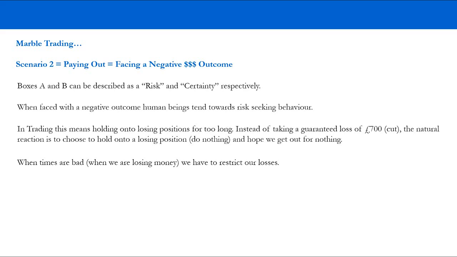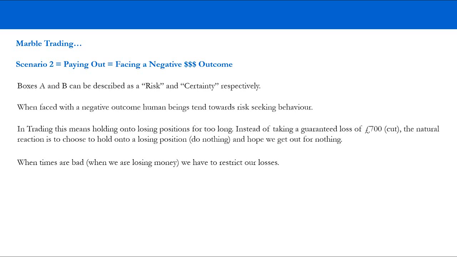The risk-adjusted payoff of box A is 750, and the risk-adjusted payoff of box B is 700. And if you put your hand in box A, you're essentially taking risk. And if you put your hand in box B, it's certain. The outcome is you have to pay me 700.